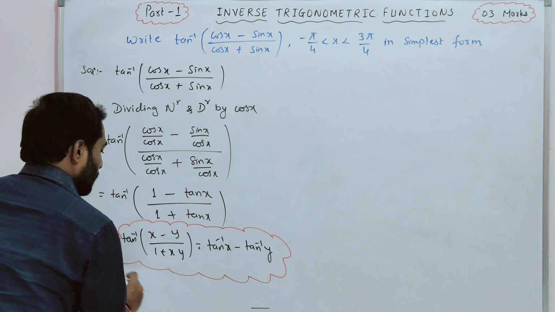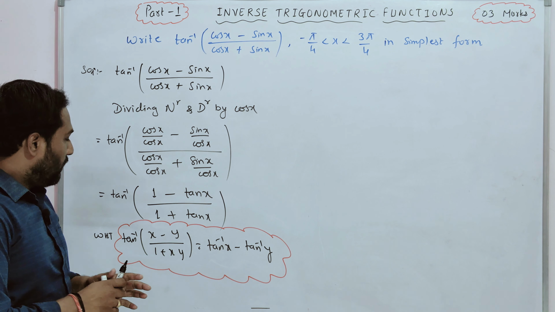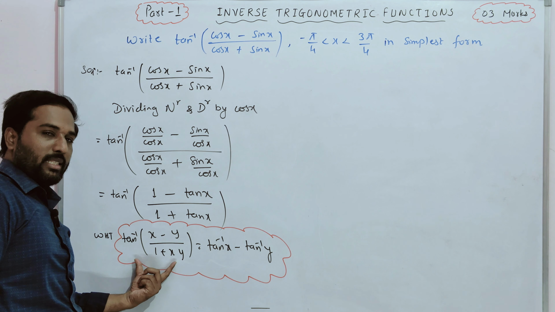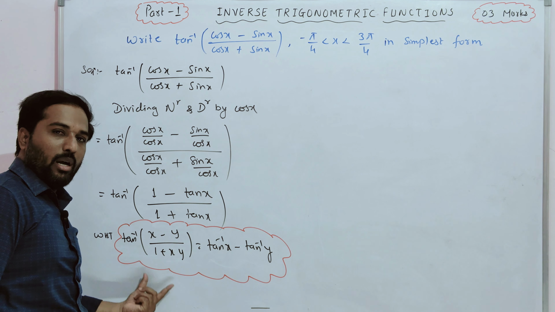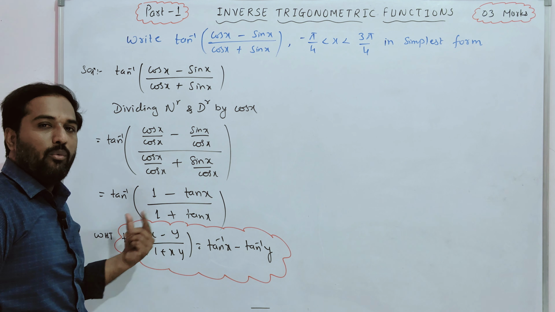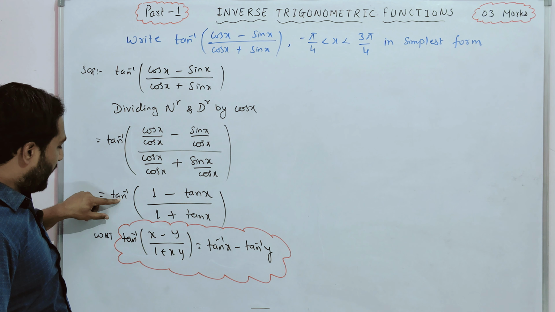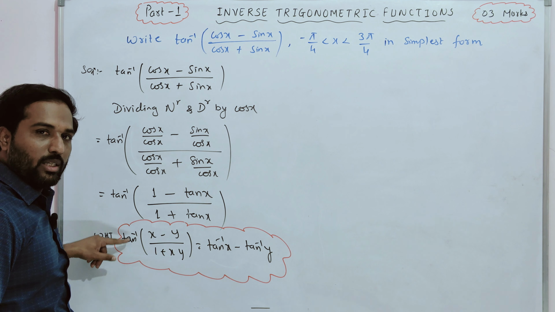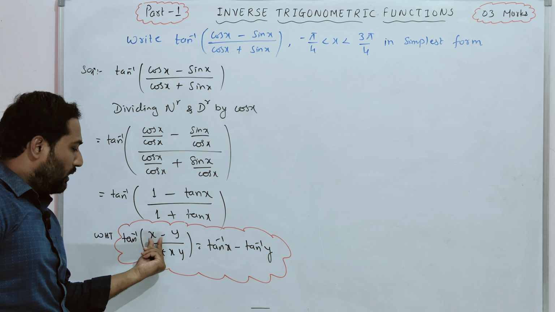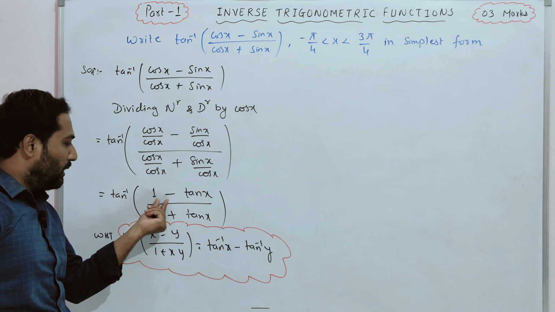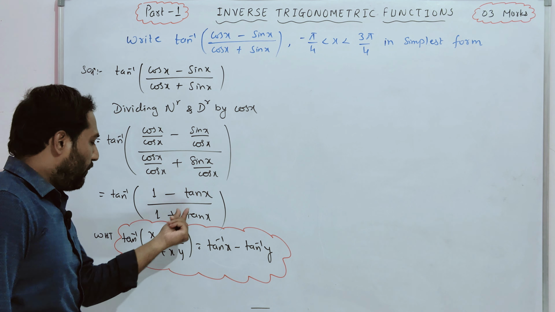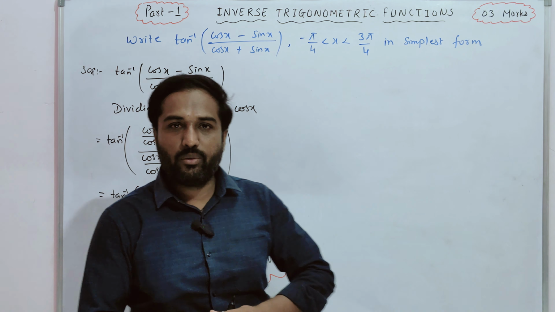Can you see this? You can compare this with the LHS, and your equation will come out right. Tan inverse and tan inverse here, you can see both are the same. Here x value is 1, minus as it is, and y value is tan x. Are you following this?